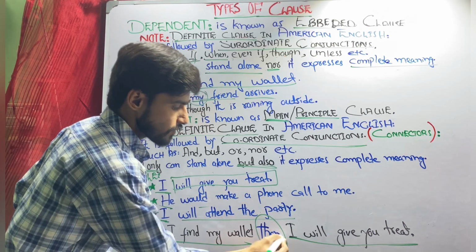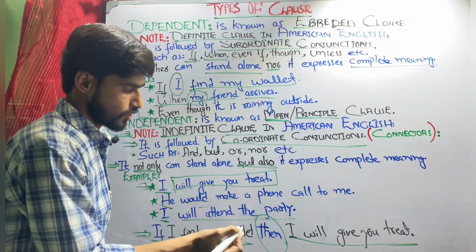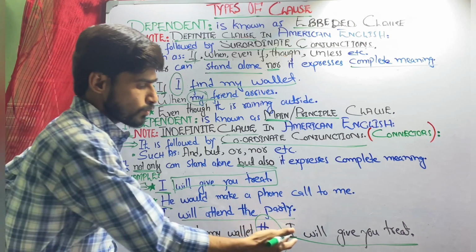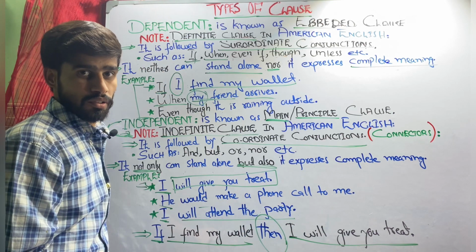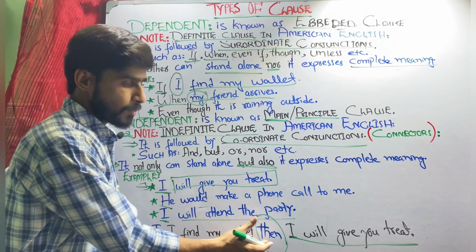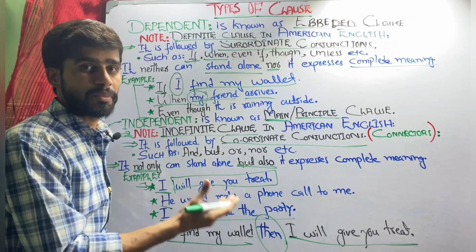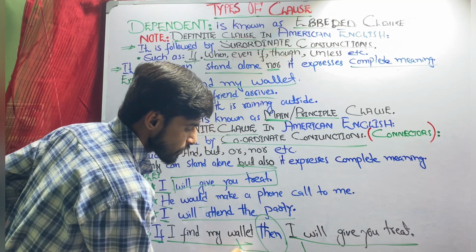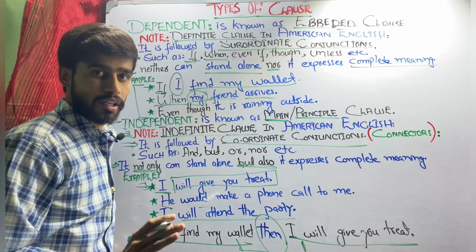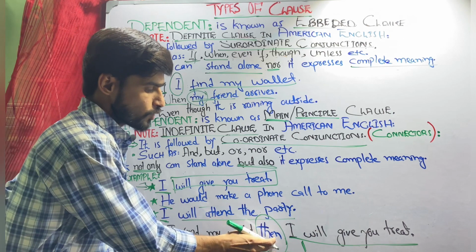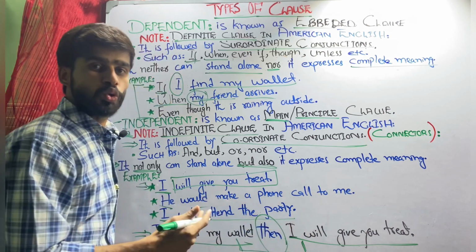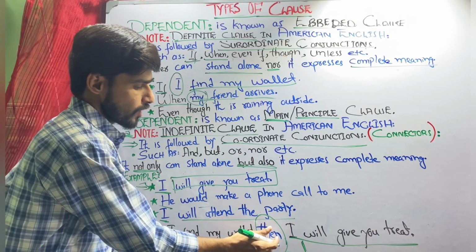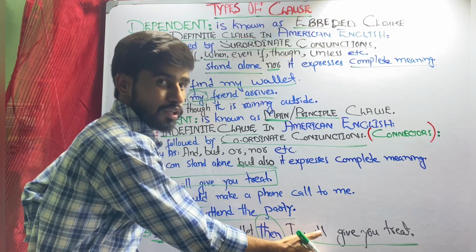Here "then" is the connector as well as the coordinating conjunction. A coordinating conjunction doesn't mean it is used before an independent clause or after a dependent clause; it simply means it is used to join two clauses. A connector doesn't only join two independent clauses, but it can join a dependent clause to an independent clause.